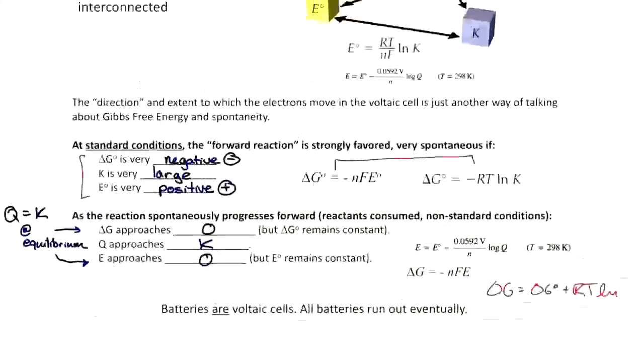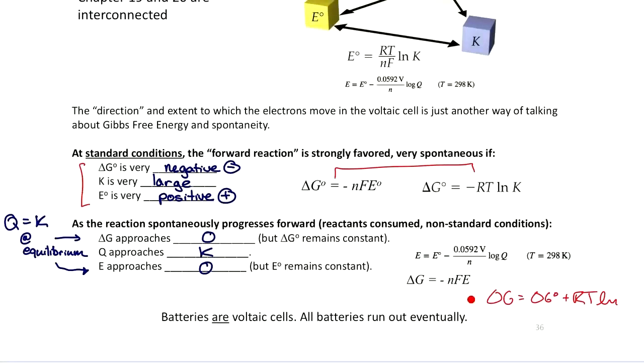So if we're at Q conditions, we use these different equations here. So what we see as our reaction spontaneously progresses in the forward direction: at standard conditions, remember, Q is equal to 1. But as the reaction progresses forward, Q starts to approach K. Q approaches K. What we see is that delta G approaches 0 as a reaction progresses forward.